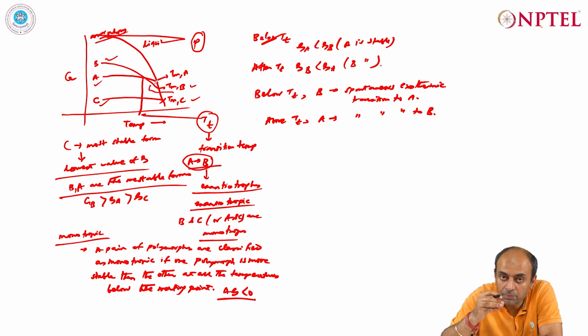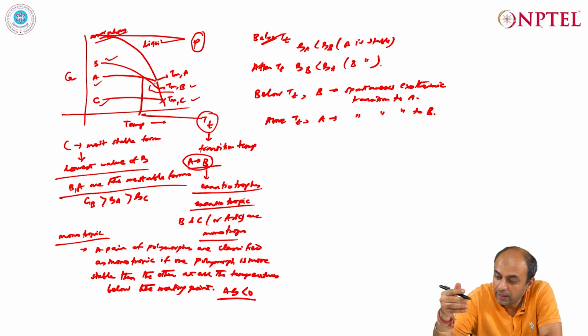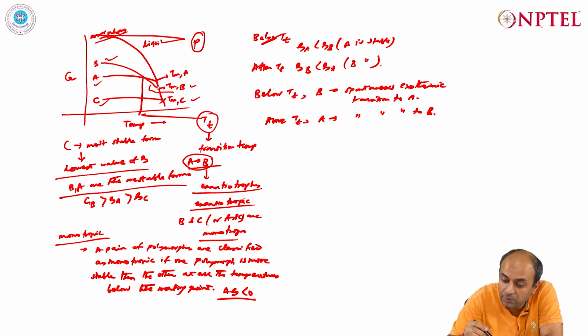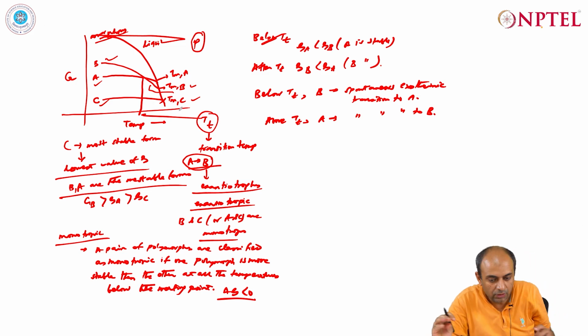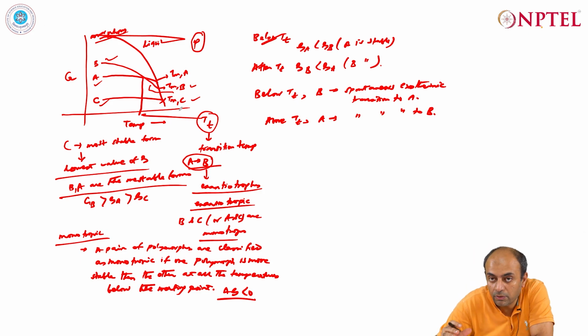So, there is a possibility for it to convert to A by the release of excess Gibbs free energy, and therefore it will convert into A. Similarly, after the phase transition temperature, it is the B form which is more stable, and therefore, if you start with A, it will convert into B.